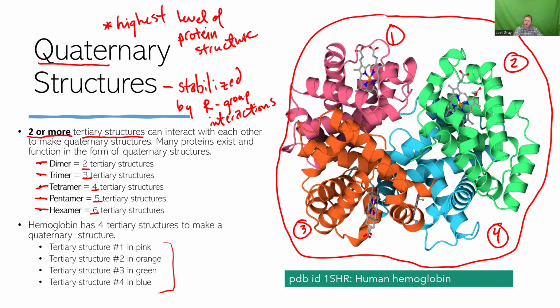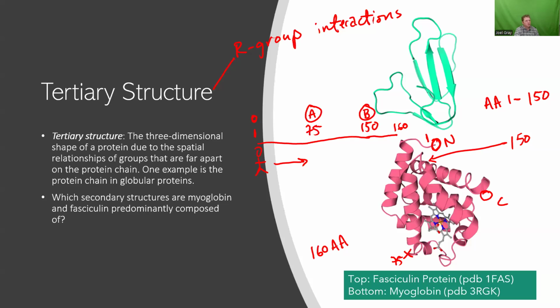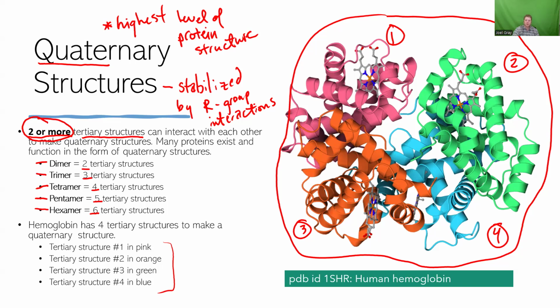They're both stabilized by R group interactions? 100%. What makes them distinct from one another is that quaternary structure is two or more proteins folding together, whereas your tertiary structure is just one protein.